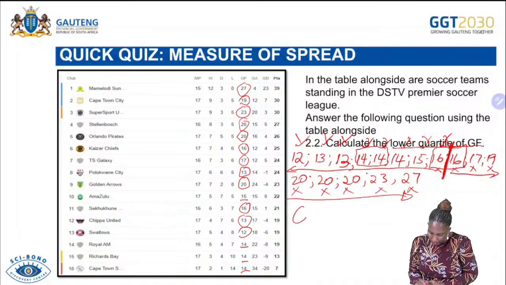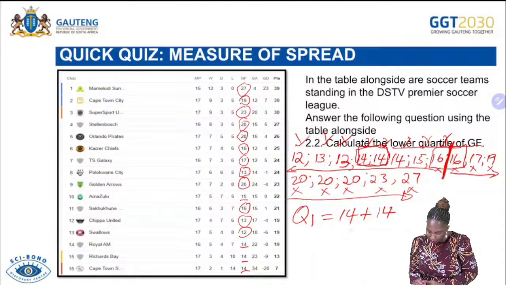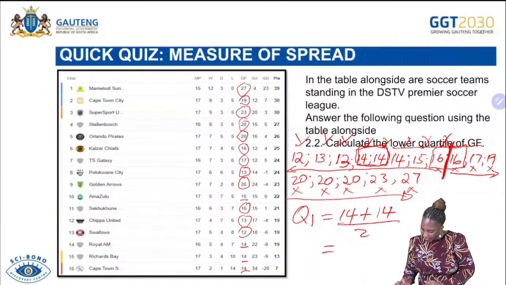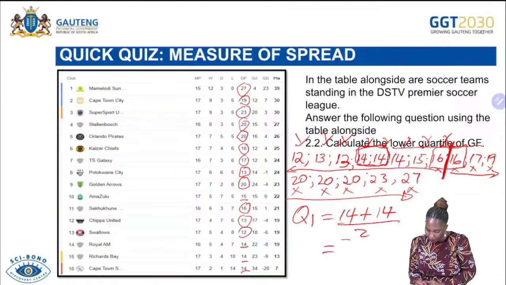So my Q1, my lower quartile, will be 14 plus 14, because I've got 2 middle values in my data set. 14 plus 14 is 28. Even though I know it, I have to verify to make sure that I've got the correct answer.